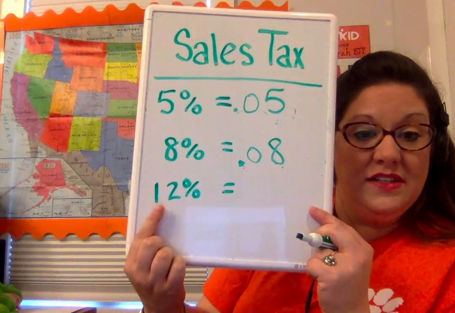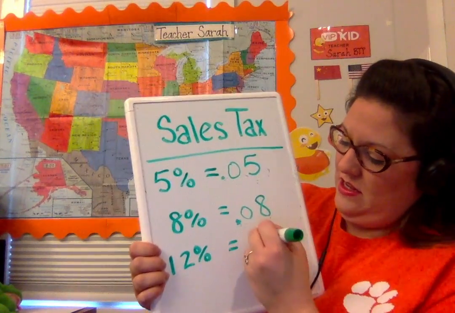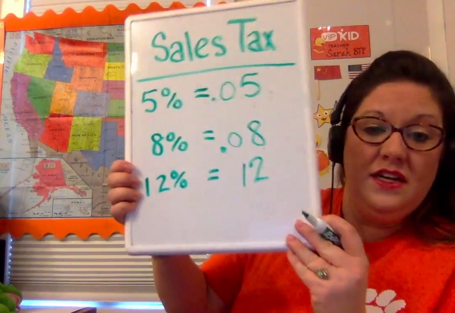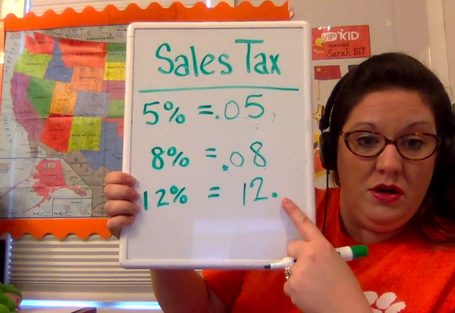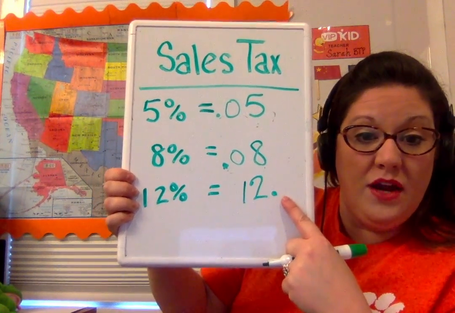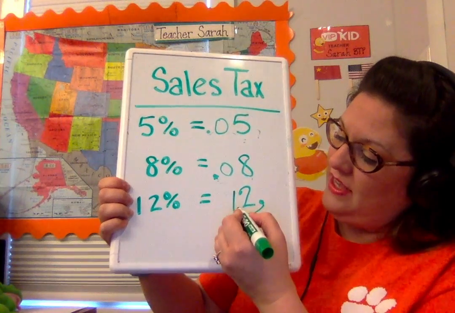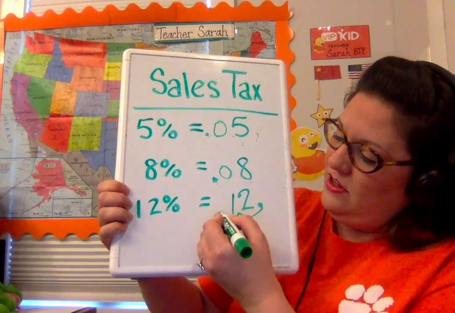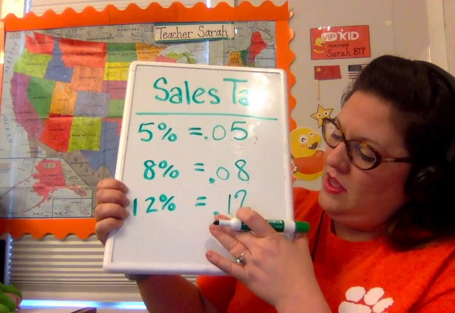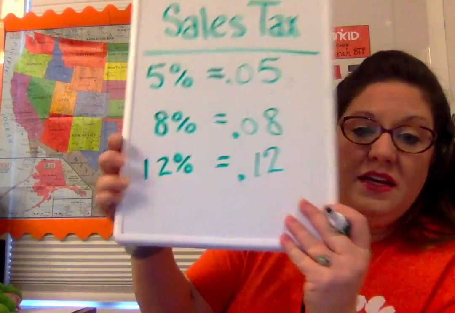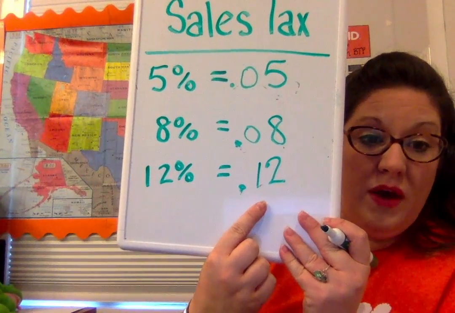If our percent is already in double digits, like 12%, again, we assume our decimal is at the end of the number. We divide by 100, which moves our decimal 2 places to the left. I did not have to add a 0 this time. So 12% is equal to 0.12.